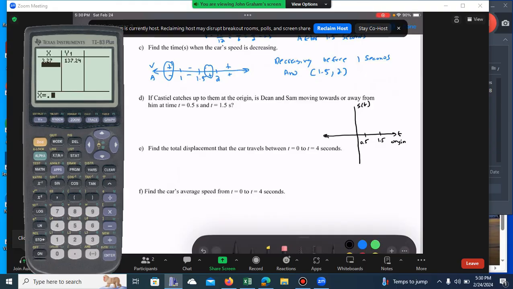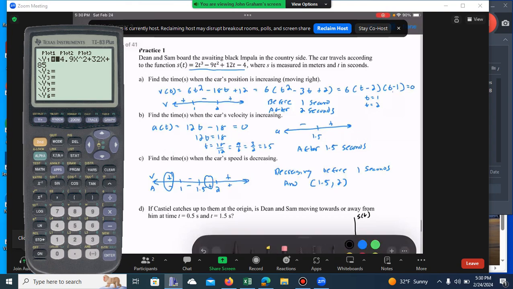Oh, do I have the same one I had before? No, I don't. That's this. 2x cubed minus 9x squared plus 12x minus 4.